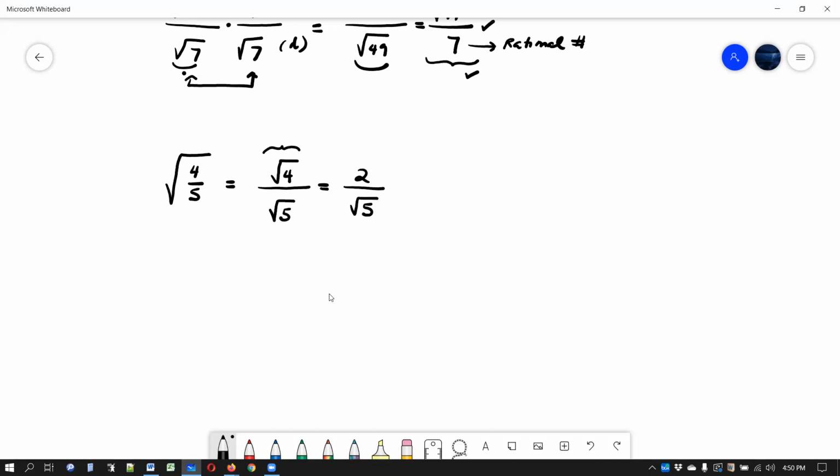So you turn the problem into 2 over radical 5, which is where we should start. You look at the denominator, there's nothing that you can simplify, so you employ the technique of multiplying numerator and denominator by the radical denominator, just as before.